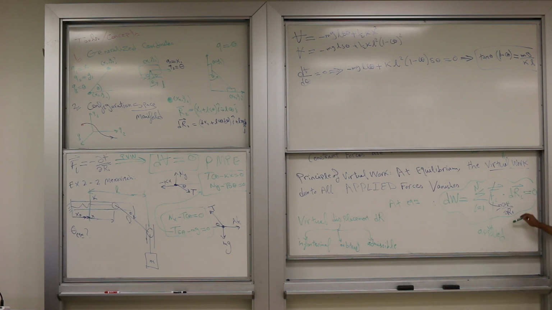So you have partial V, partial r_i, dr_i, sum over the i's. You get simply dV. This now is dV. The work is negative dV. Yeah, we already know this from before. We previously derived that the work done is negative the change in potential energy, right?